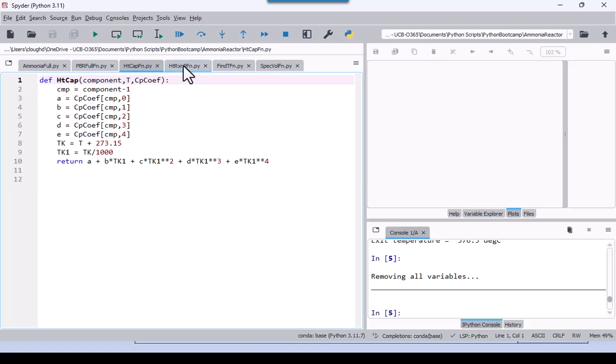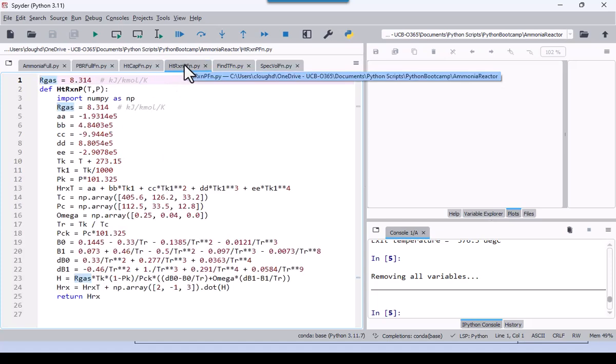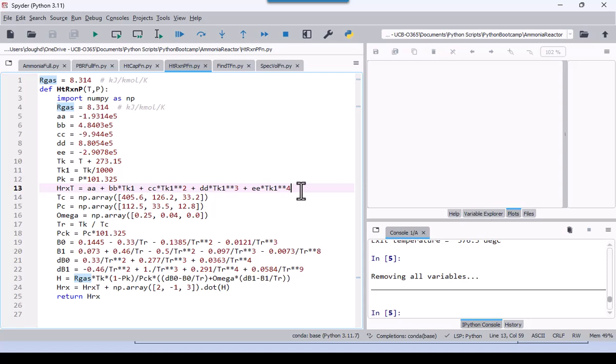But then for the heat of reaction, it's more complicated because now we include the effect of pressure. So the first part here is exactly the same down to this point here of computing the heat of reaction based only on temperature, all right? But then we have arrays of critical properties.